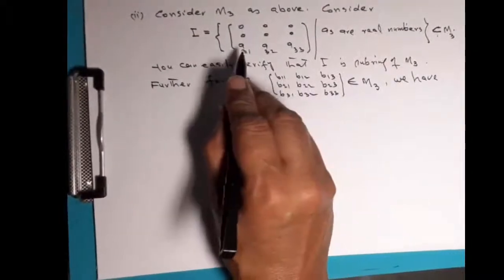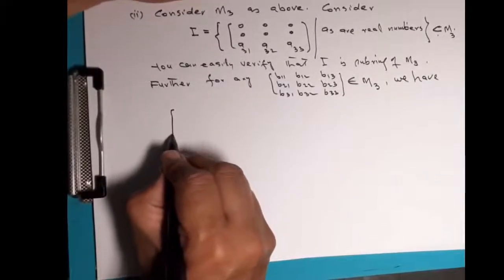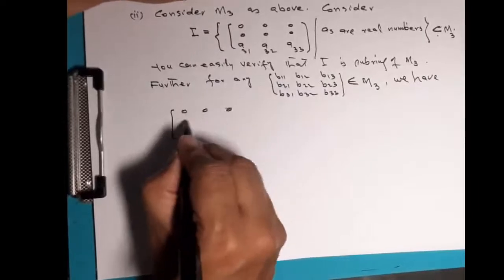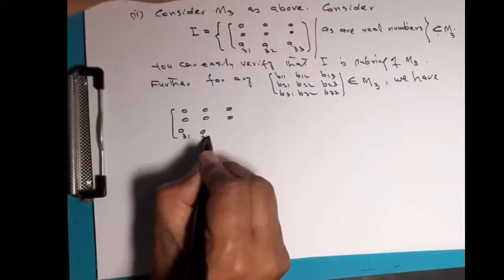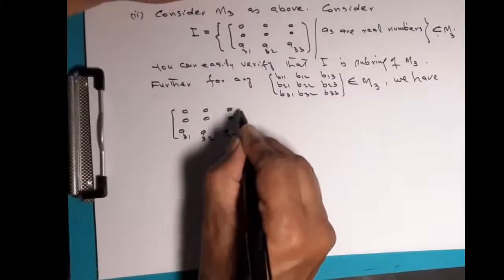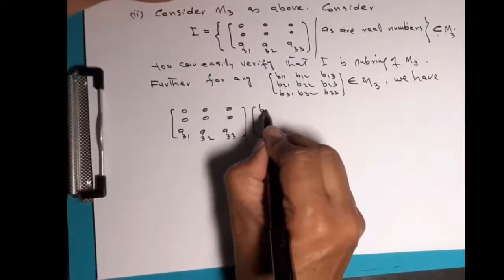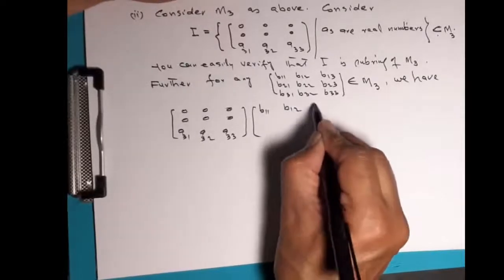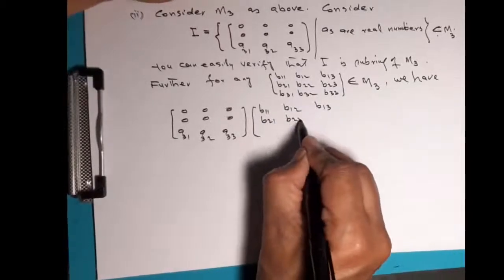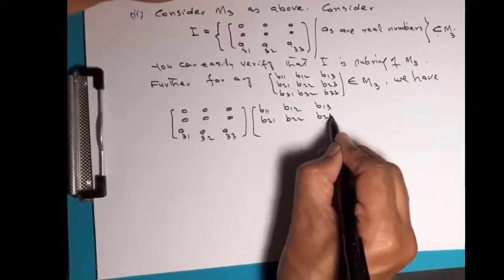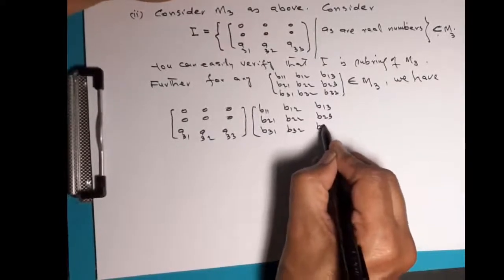Now we take an element of I, 0, 0, 0, 0, 0, 0, A31, A32, A33, and multiply it with this element of the ring, that is B11, B12, B13, B21, B22, B23, B31, B32, B33.